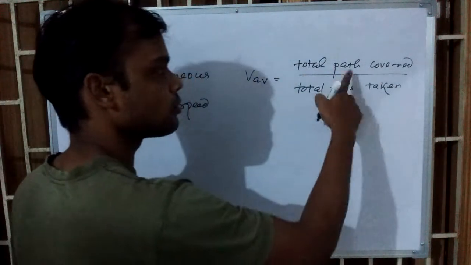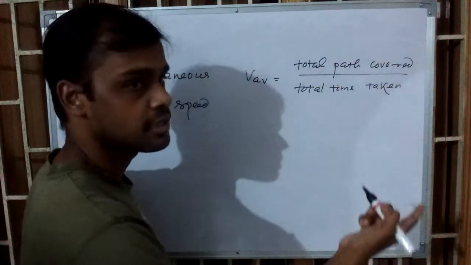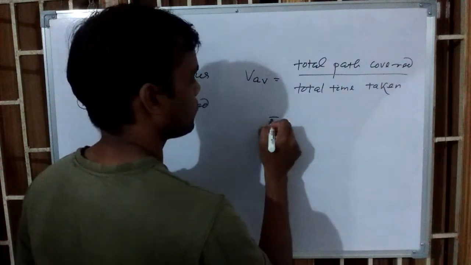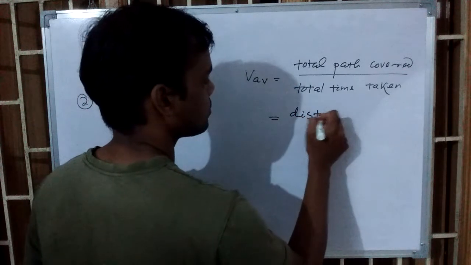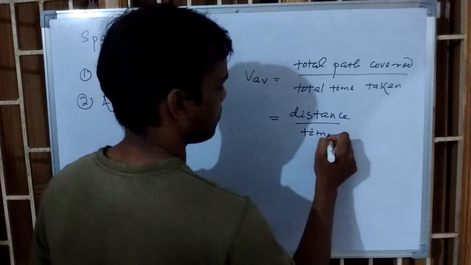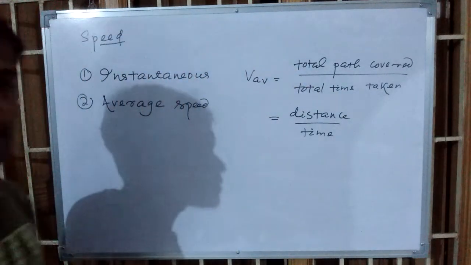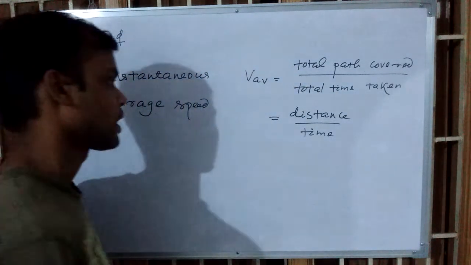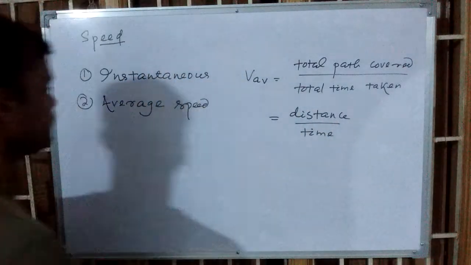We have already gone through in the last class that total path covered is nothing but distance. So distance by time is called average speed.